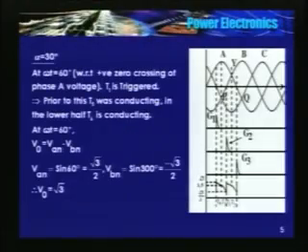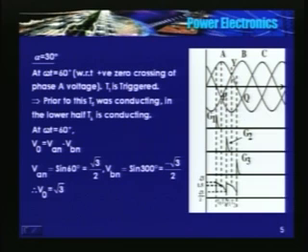Yesterday we discussed alpha equal to 0. Today we will study the waveform for alpha equal to 30 degrees. Alpha is measured with respect to the point of natural commutation. So for thyristor T1, this is the reference point.